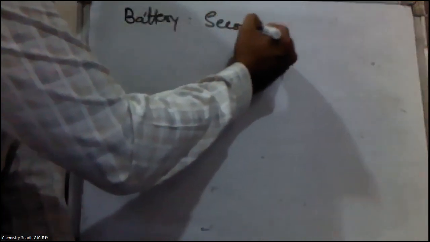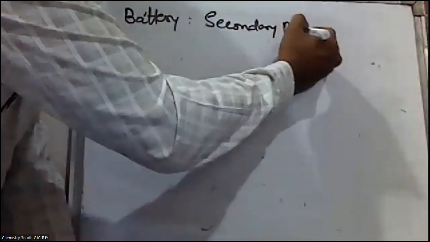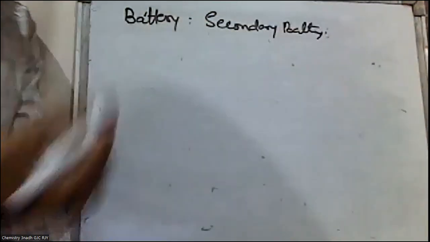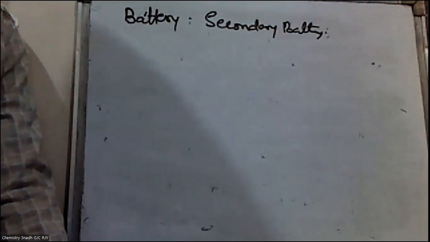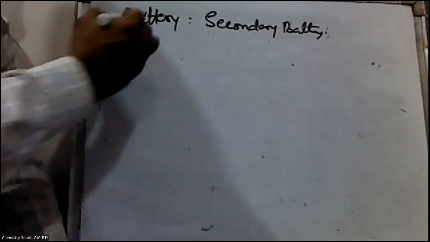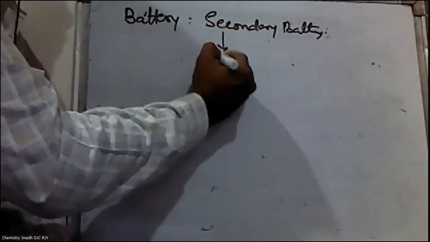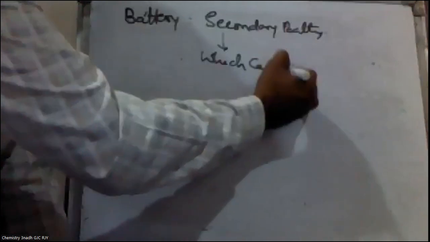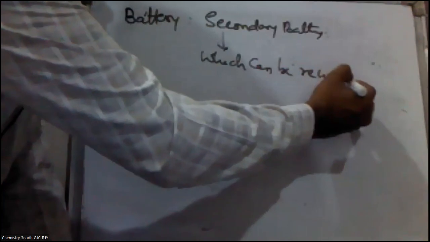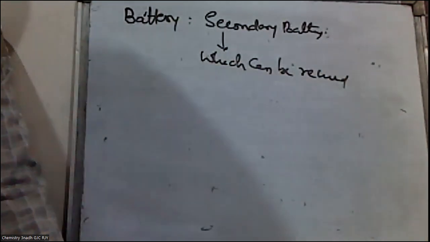Now let me discuss secondary battery. What is a primary battery? A primary battery is a battery which cannot be reused. The battery which can be reused is called a secondary battery.